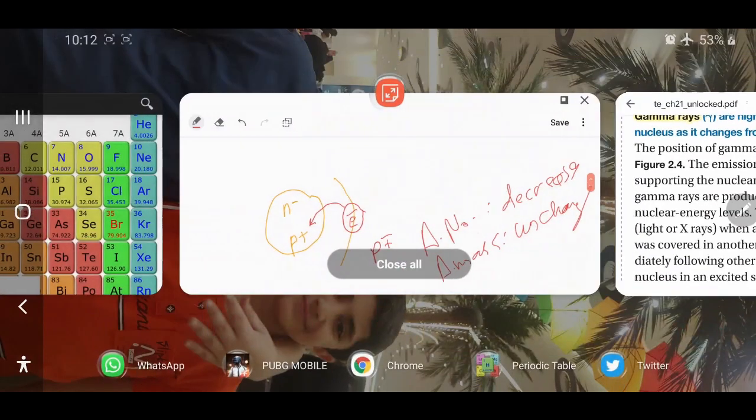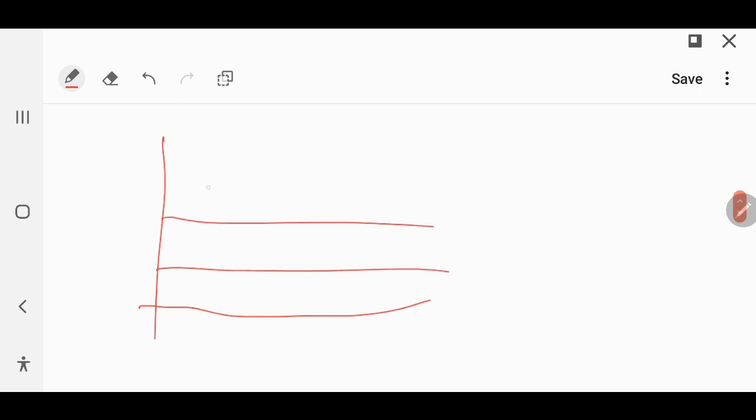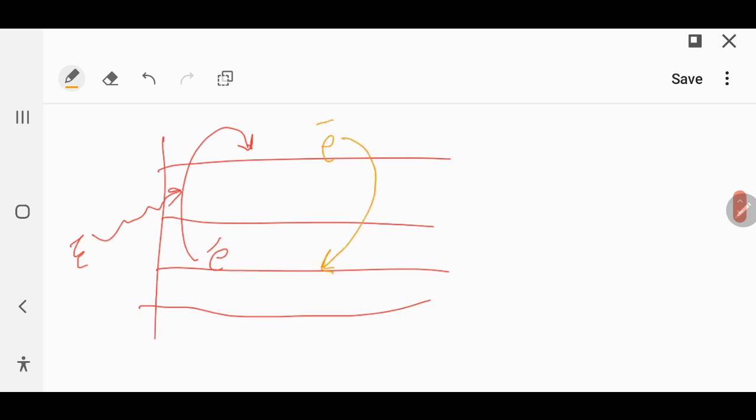Remember, guys, in earlier lessons, we said that if we have an electron at a main energy level, and the electron goes up to a higher energy level, it will absorb energy. And when this electron moves back to its original main energy level, it is going to emit energy.